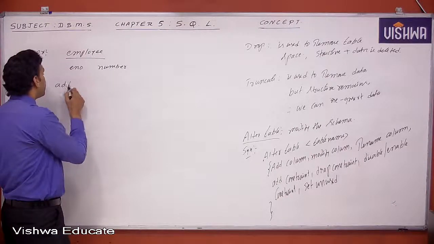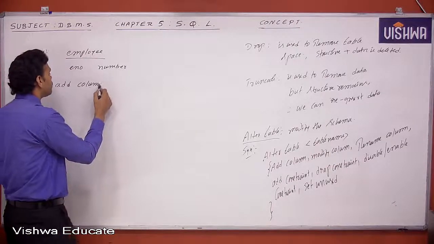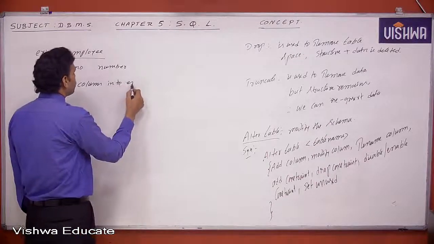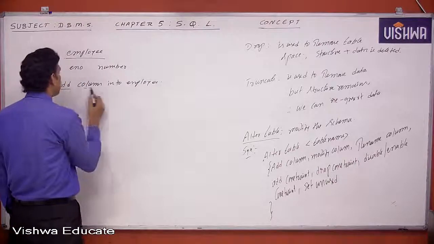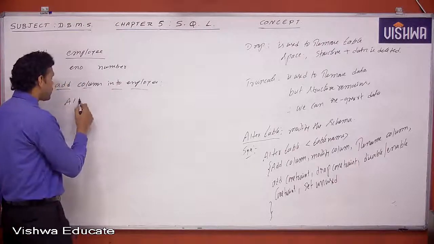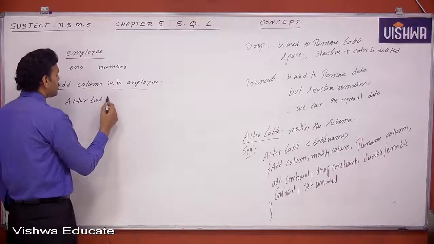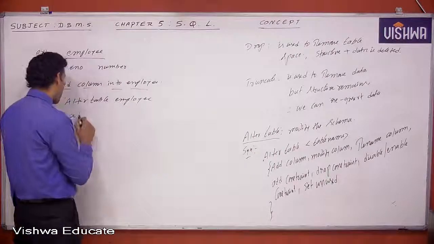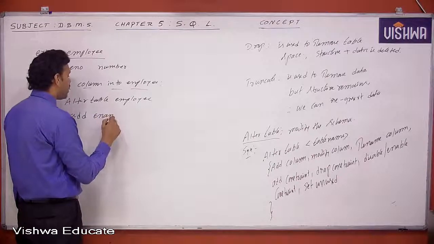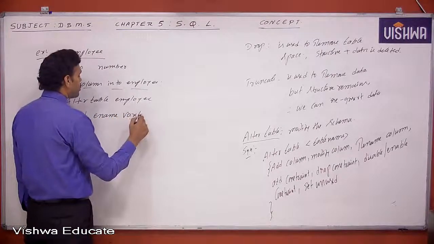Now I want to add a column into employee. So how to do this? I can use alter table employee add employee name varchar2.